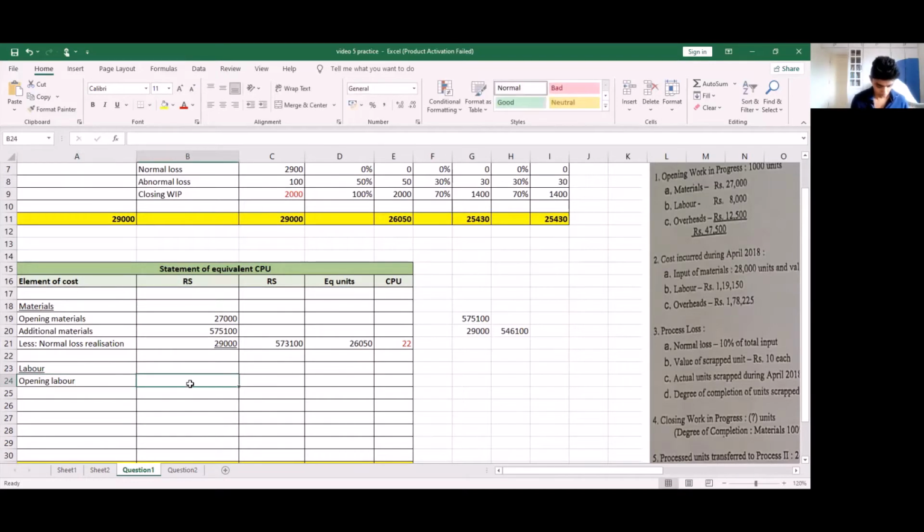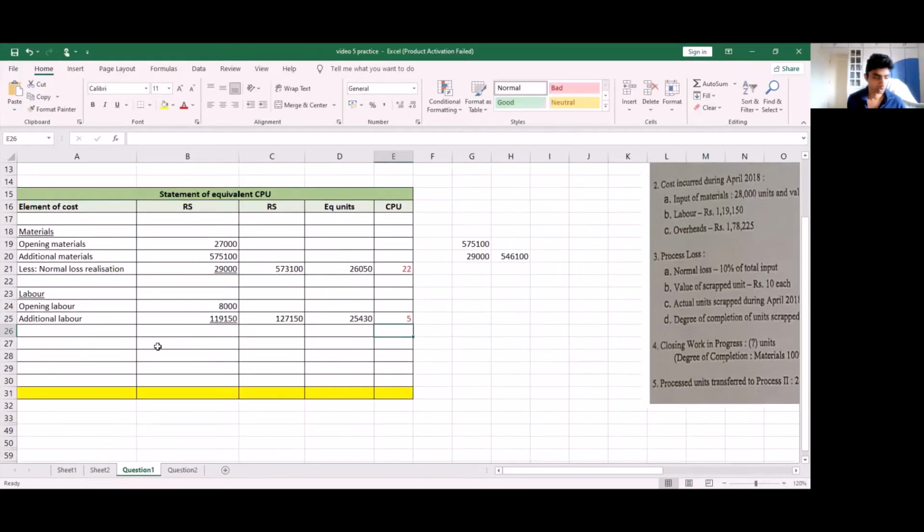So we have opening labor of 8,000 and additional labor of 1,19,150. Then we will add these two values to get our total cost for labor. Now this we get 1,27,150, which we will divide by equivalent units, which is 25,430 for labor to get a cost per unit of 5.